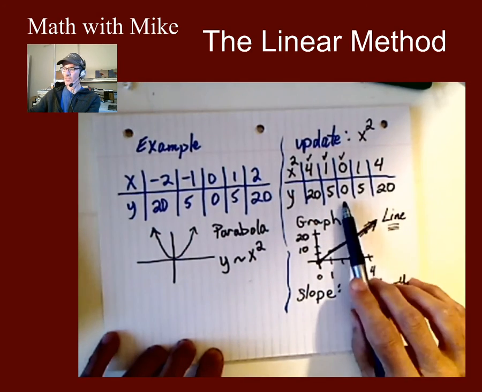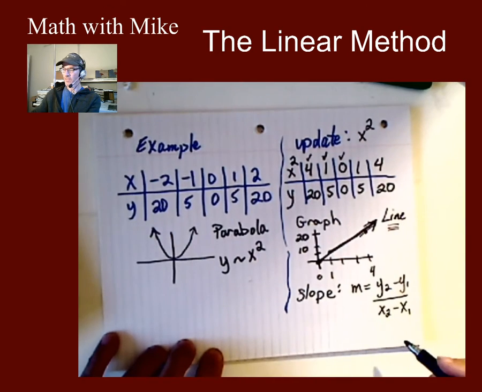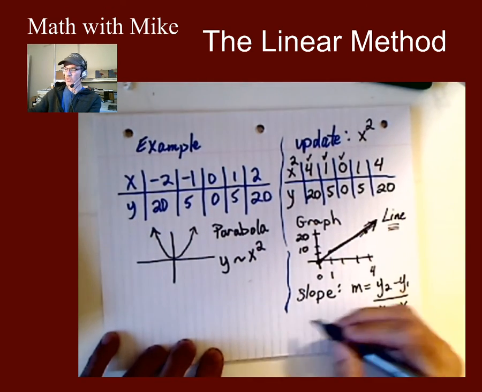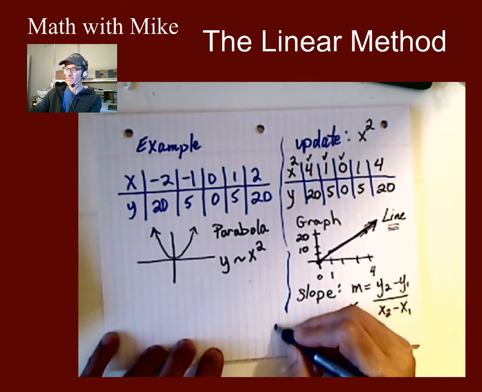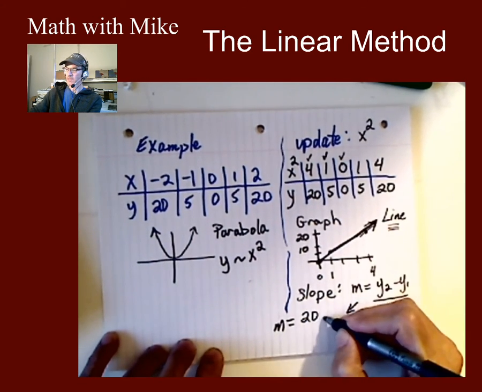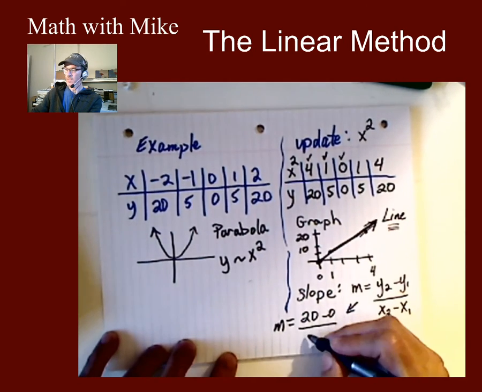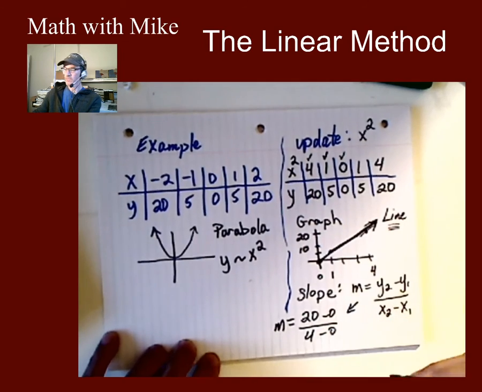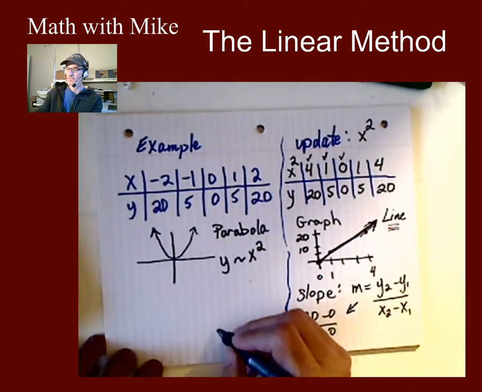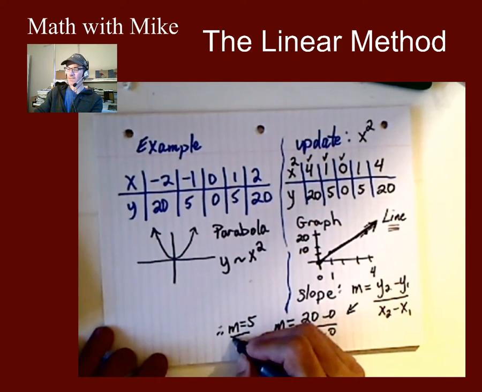So I think (0, 0) and (4, 20) count for that. So what's the slope going to be then? It's going to be 20 minus 0 over 4 minus 0, which gives a slope equal to 5.